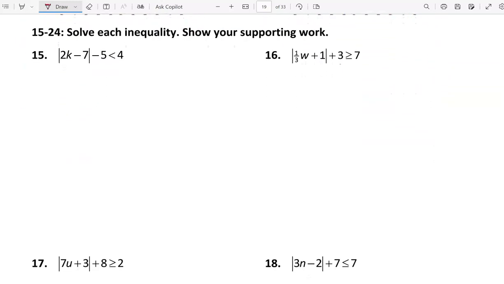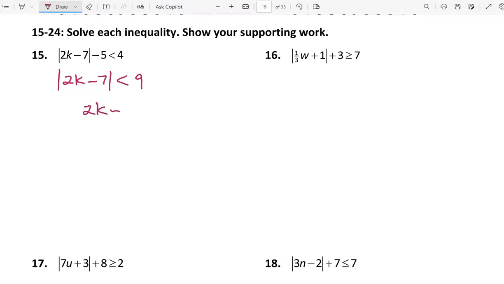All right, now we're just going to solve, and we don't have to graph our solution set. We've got to start by undoing the -5 first. We're going to add 5 to both sides. And then we have our absolute value isolated. And the absolute value is smaller than 9. So that means a distance away from 0 is smaller than 9. Those would be numbers that are close to 0.